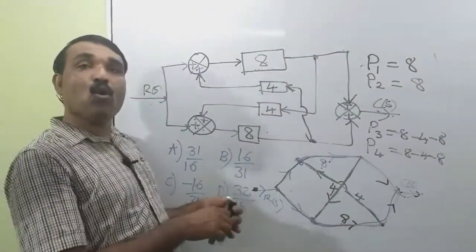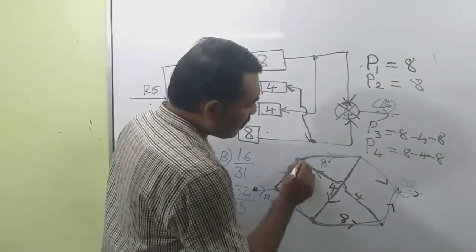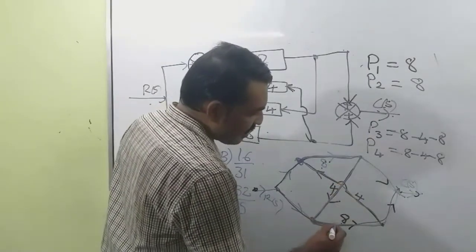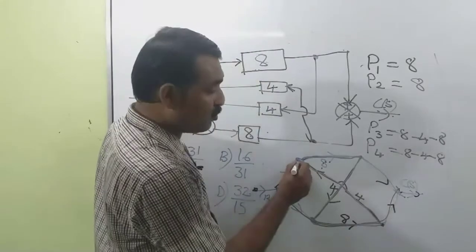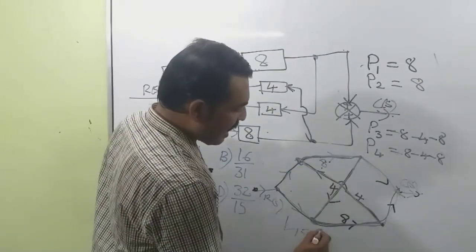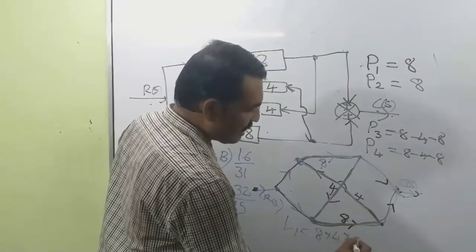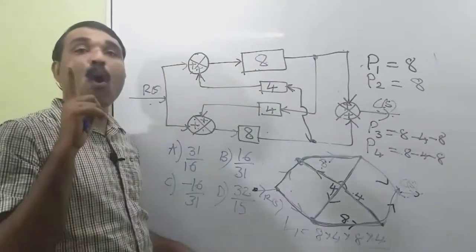Now is there any loop here? Let us consider. I am starting from this node and moving along this direction, and moving like this and returning to the same node. So this is a loop. The loop gain L1 is equal to 8 into 4 into 8 into 4. And we have only one loop.